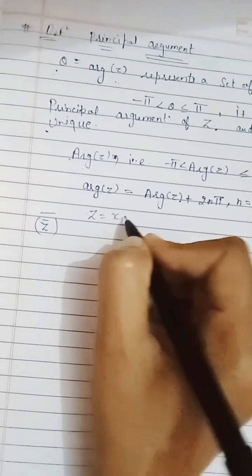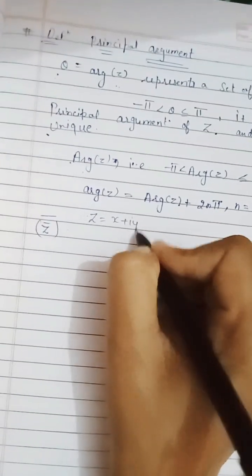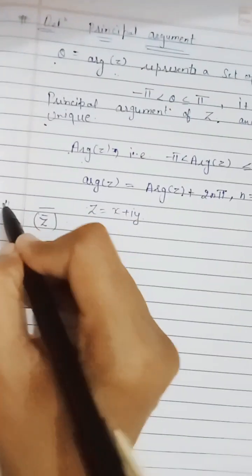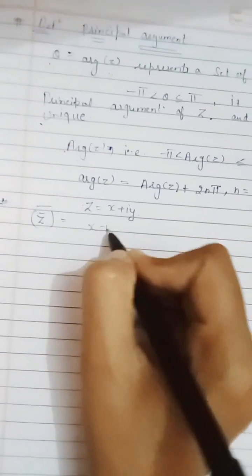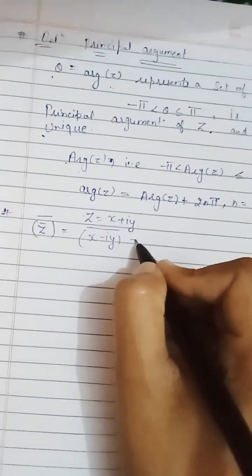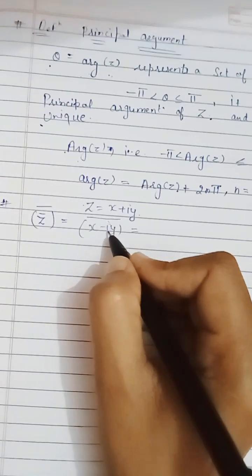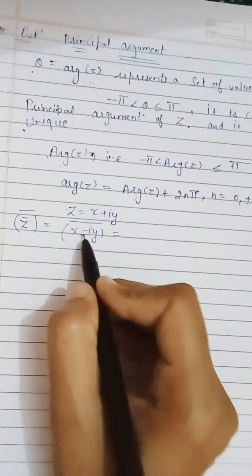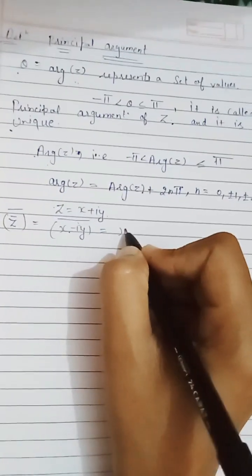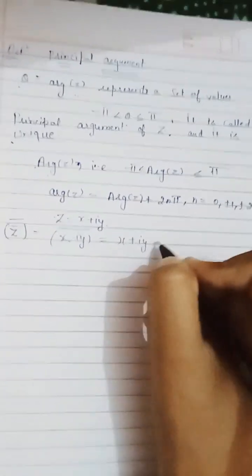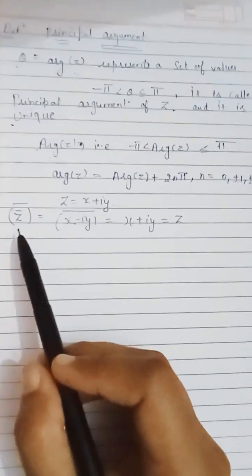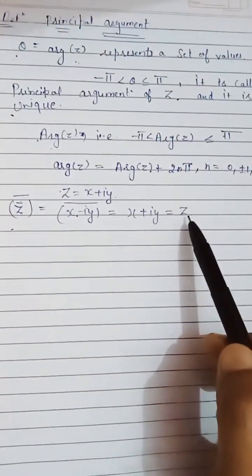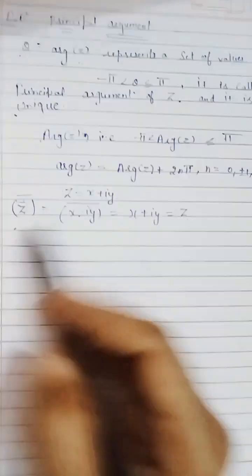As z is equal to x plus iota y, if we take its conjugate, we get x minus iota y, and if we take its conjugate again, we replace iota by minus iota, and minus and minus becomes plus again. So x plus iota y, which is equal to z. So this property states that if we take the conjugate 2 times, then it is again equal to z.